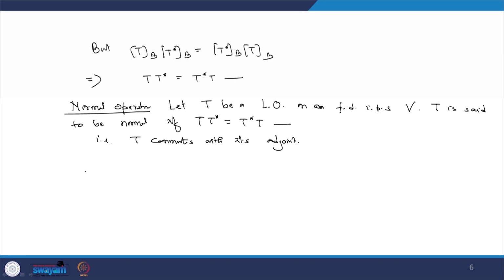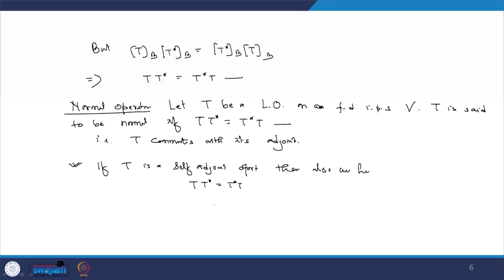See, as a special case, if T is self adjoint, then also we have T into T star equal to T star into T. Self adjoint means T equal to T star.